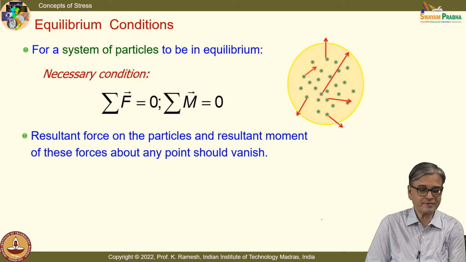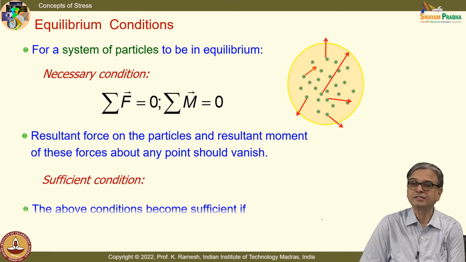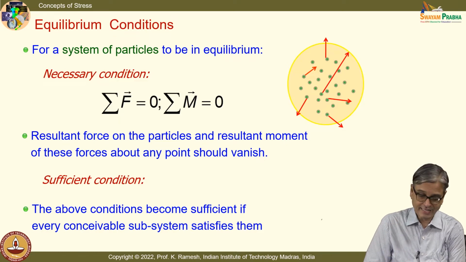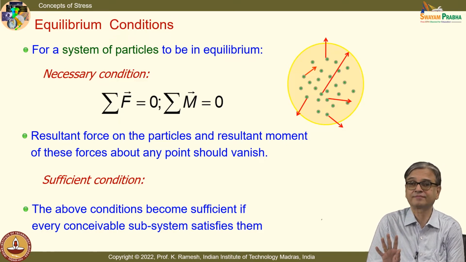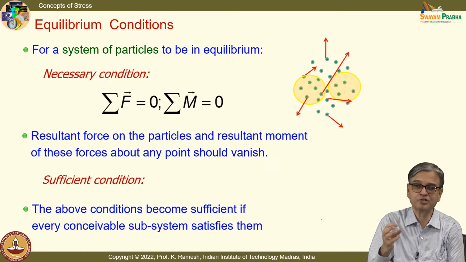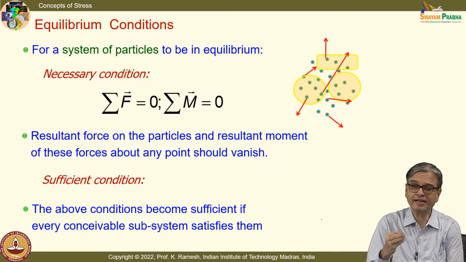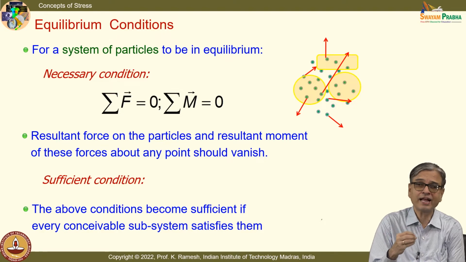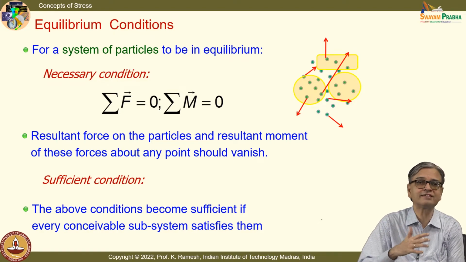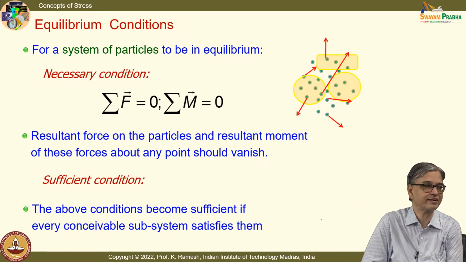And what becomes sufficient? For every conceivable subsystem, if I look at it, if F equal to 0, M equal to 0 is satisfied, then it is sufficient. Fine. That means I must take arbitrarily different subsystems and investigate. In practice, nobody does that. You all do it for the overall system and then say that equilibrium conditions are satisfied.